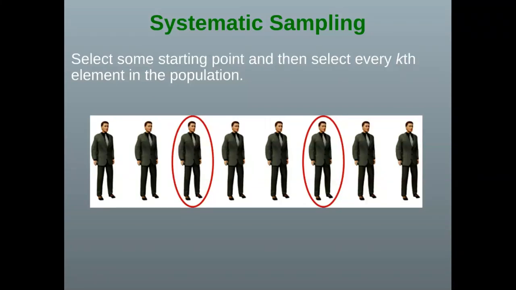This is where we choose some starting point, and then we choose every kth element in that population. So k is just some number. So in this example here, we're choosing every 3rd element. We grab the 3rd item, then the 6th, then the 9th, and so forth. This is something that's really useful in production lines and assessing quality control, grabbing every, say, 50th item produced off of that line, checking it, and going from there.